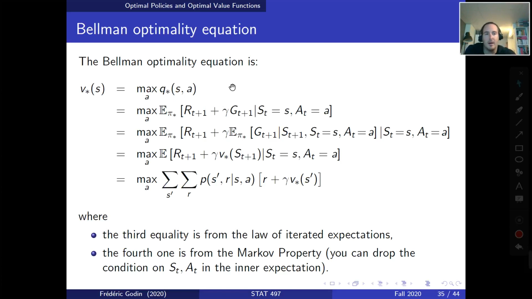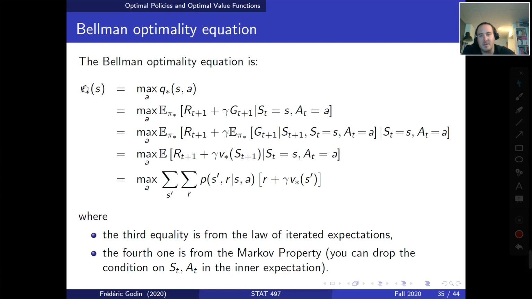Otherwise, if there existed an action which had a higher value than the value function, then you could simply pick this new action in that state S, and this would entail that your initial value function is not the optimal value function.